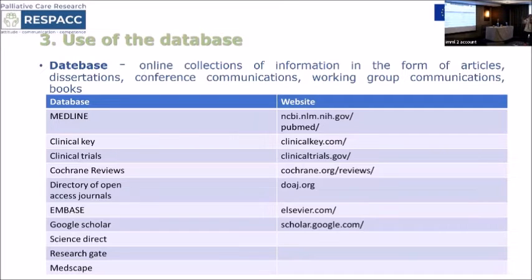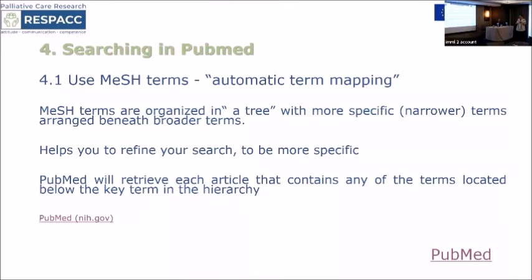You have PsycInfo, for example, where you have literature from psychology. Of course, we are familiar with PubMed, which has all kinds of literature, but we have to be aware it's not the only database. It's very large and available all over, so we have built our search strategy in PubMed.